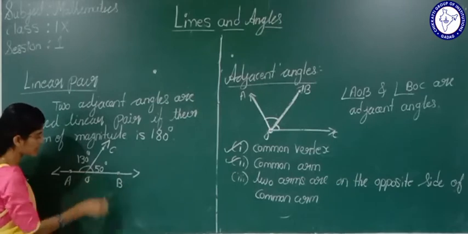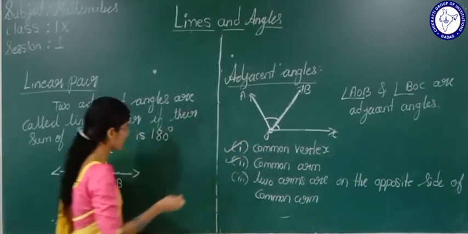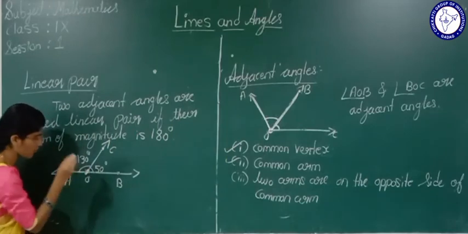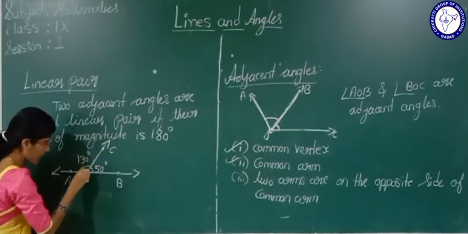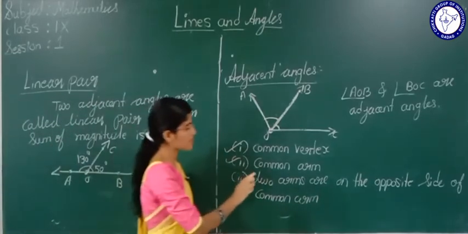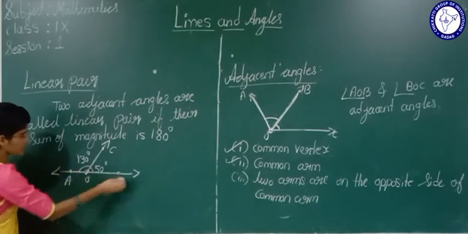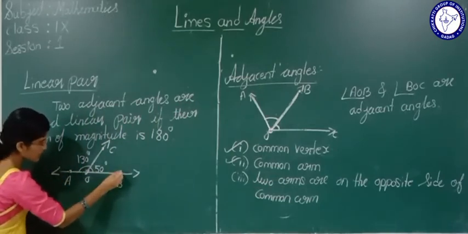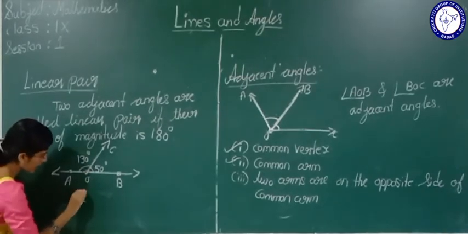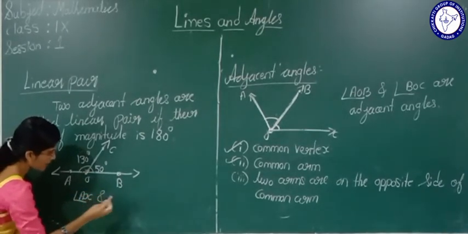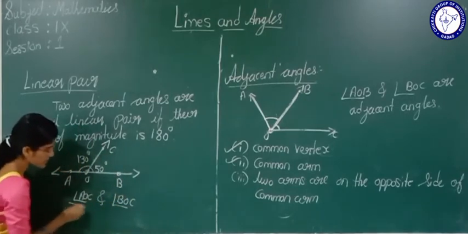What is the condition for adjacent angles? They should have a common vertex. Here common vertex is there, that is O. Second condition is common arm. They have a common arm. Two arms are on the opposite side of common arm. Here the two arms are on the opposite side of the common arm. Therefore, angle AOC and angle BOC are adjacent angles. Yes or no?